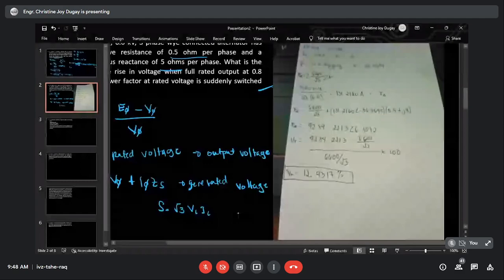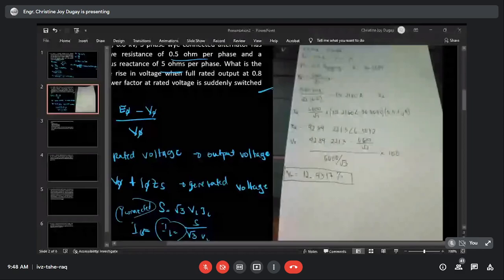Kaya ginamit po niya. So, I-line natin ngayon, that is equal to S over square root of 3 ng V-line. See if our connection is. So since nasabi naman po sa problem po natin na Y connected siya, you may use that formula. Nagkakaintindihan po ba tayo? Yes or no?